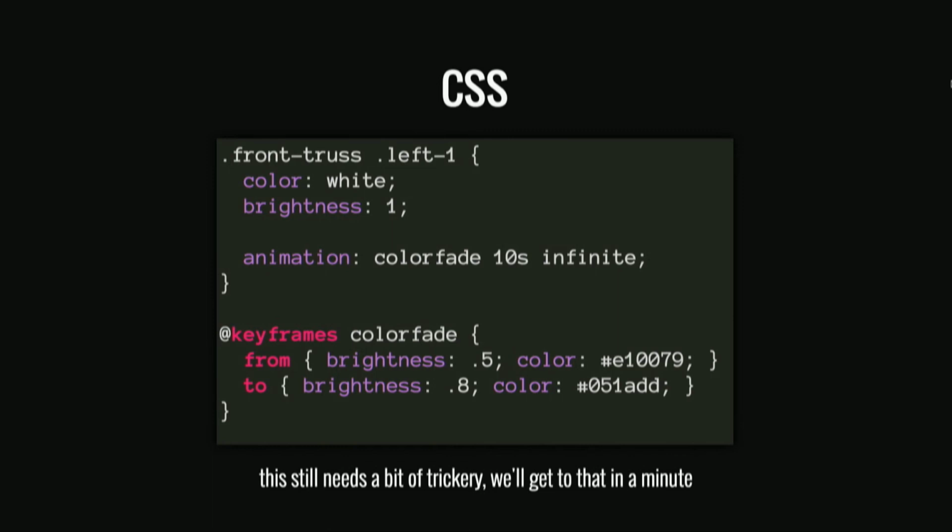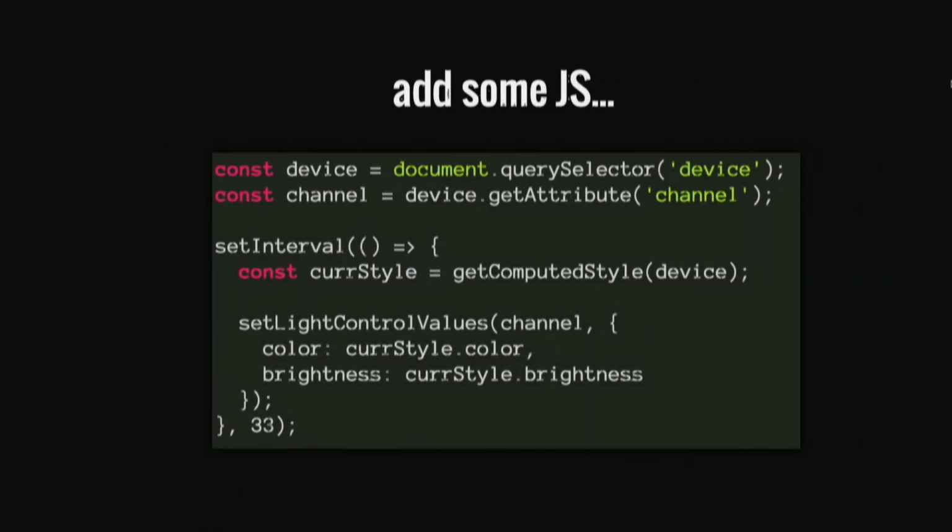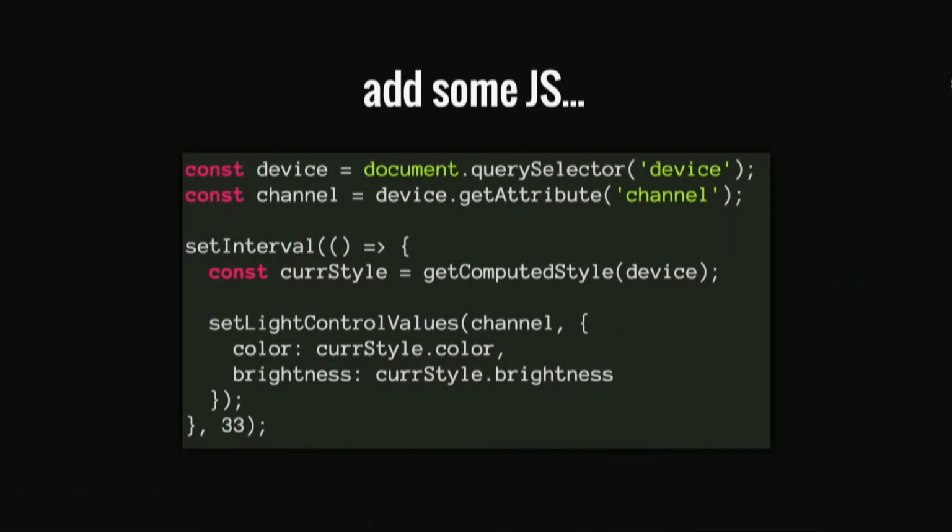Now, CSS, you already saw that. I have completely made up properties like brightness and stuff like that, but I can just use them, and I get the browser to compute these values for me. And then we add some JS.